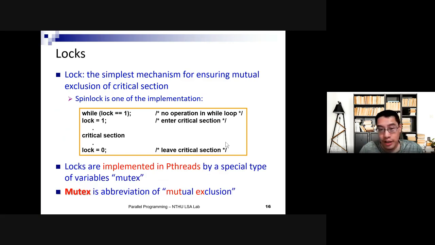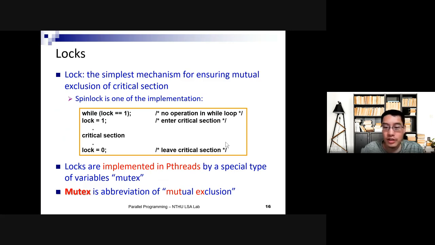But however, if you took the operating system course or if you study the implementation of a lock, you will find that a simple implementation like what we show here may not be a very good implementation, because it is what we call a busy waiting lock, because we have a while loop, right?